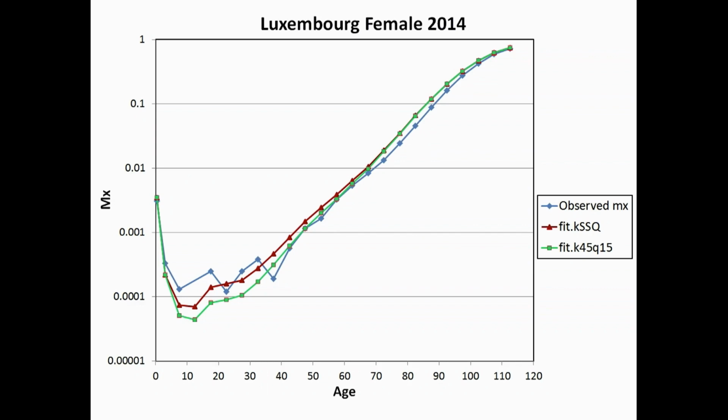And the green line here is the schedule fit by the Ouellette criterion using either infant mortality rates or the probabilities of dying from ages 0 to 5, and also the probability of dying from ages 15 to 60. And what we see here is that we're missing a value at ages 10 to 14. The red line also seems to be closer to the observed data, at least at young ages.